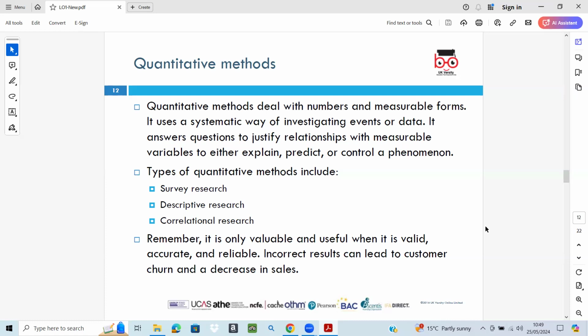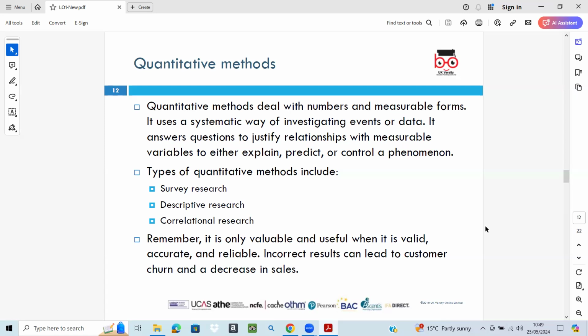Now we have to discuss types of quantitative methods, and these include survey research. So what is survey research? Survey research involves collecting data from a sample of participants using standardized questionnaires or structured interviews. Then we have descriptive research.